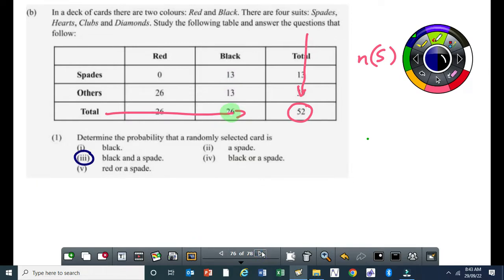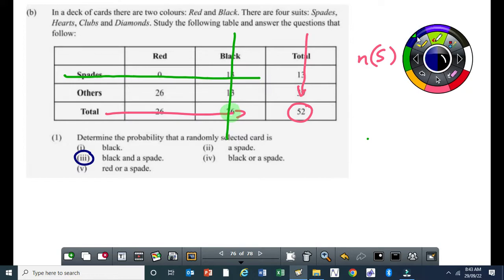Now, a card is black and it's also a spade. Now you have to go to the intersection of spades. If I draw a horizontal line from spades all the way up to black here, there is an intersection point. That will be 13. That's a common point. So a card is black and is also a spade.